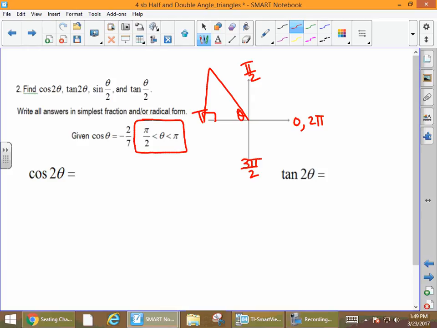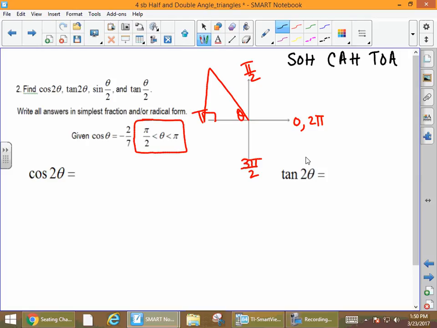What we're given is the fact that cosine is negative 2/7. And we need to find some other information. But just a reminder, that sine is opposite divided by hypotenuse. Cosine is adjacent divided by hypotenuse. And tangent is opposite divided by adjacent.